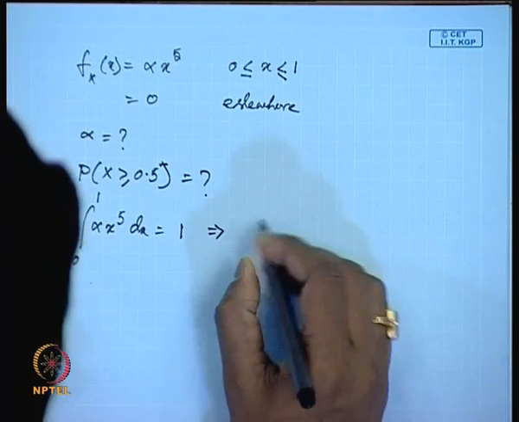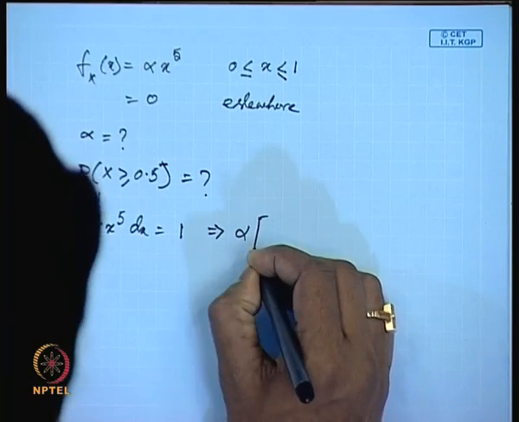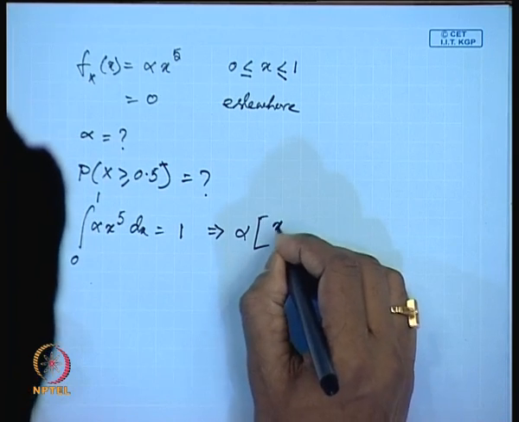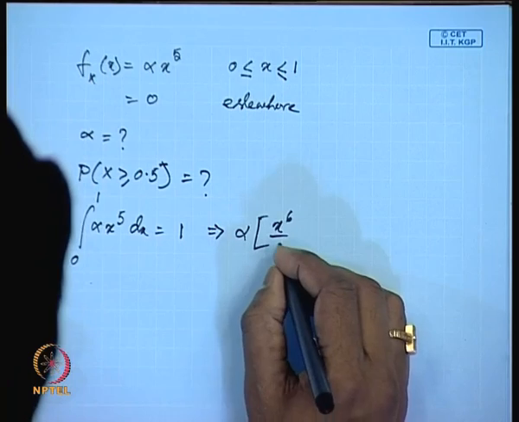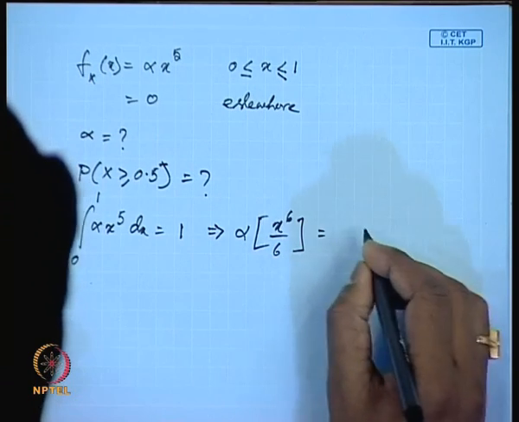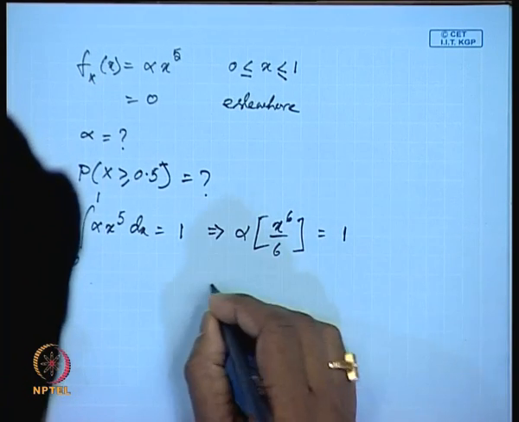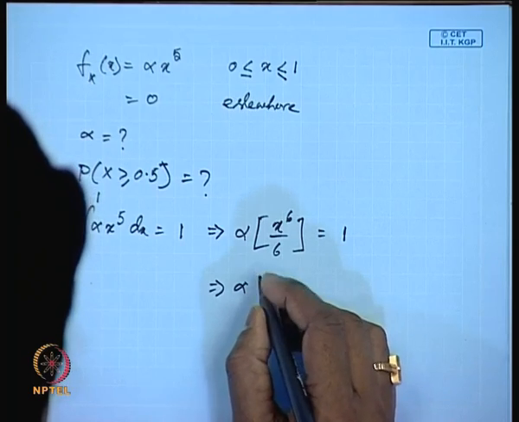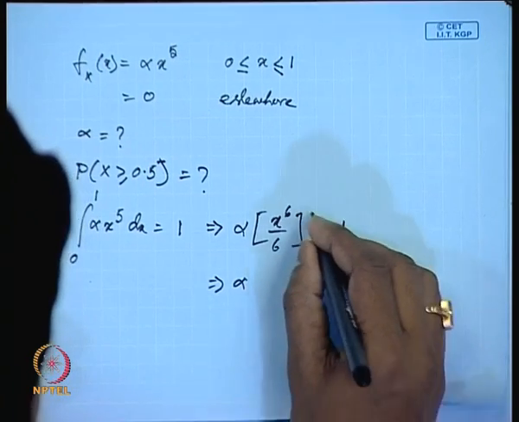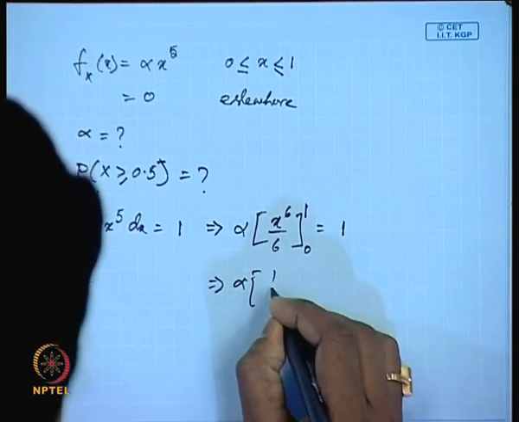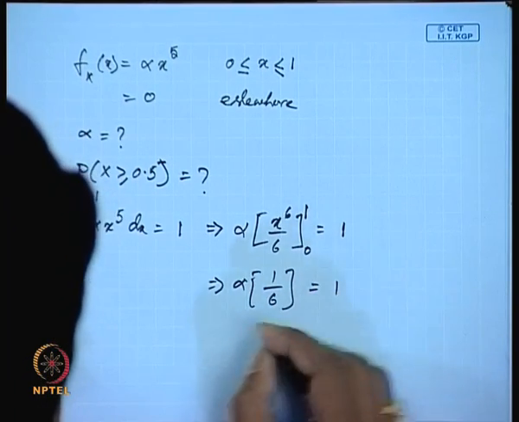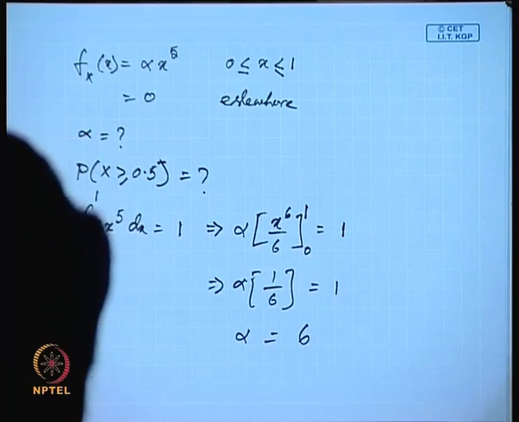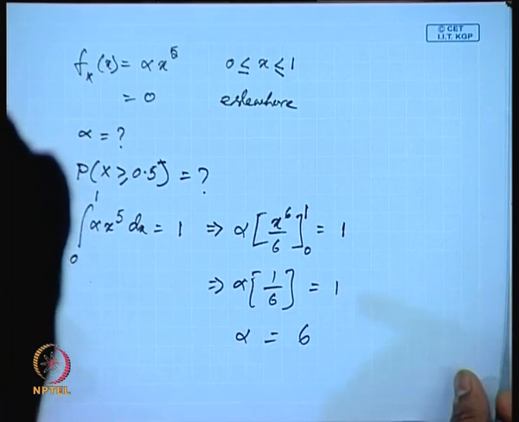If we do this, it will be alpha times x to the power 6 by 6, which equals 1. This is alpha, evaluated from 0 to 1, 1 by 6 minus 0, equals 1, so alpha is equal to 6. This is the value we got.